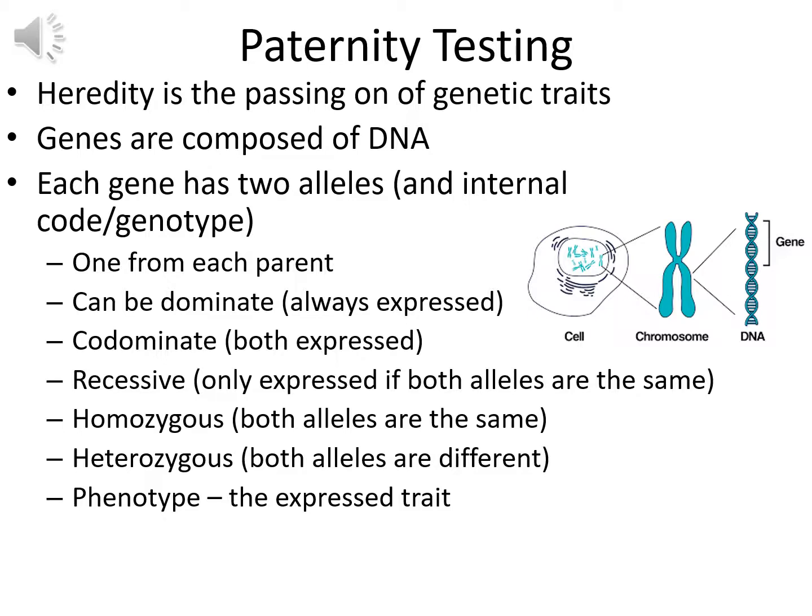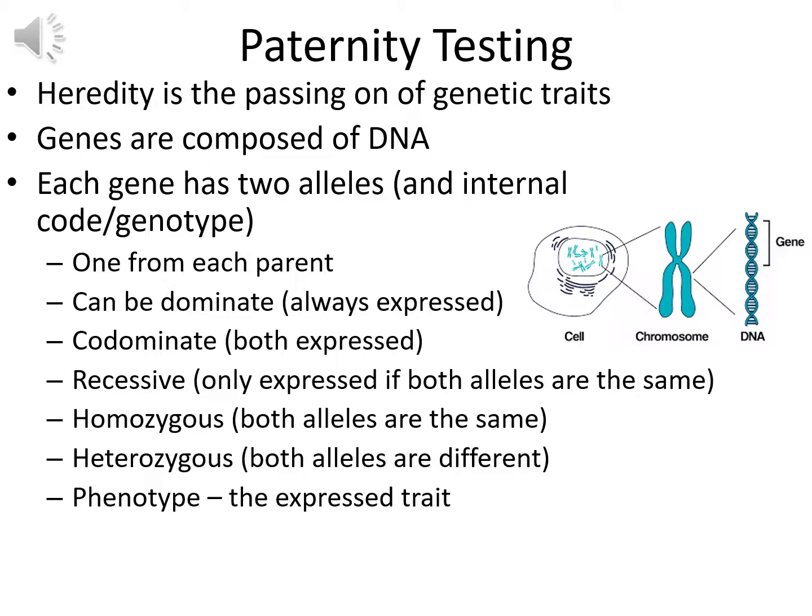So blood is an ideal example of these different features, because blood has that idea of dominant. A and B blood type are dominant. You have codominance possible, so you can have type AB blood where both the dominant alleles are expressed.